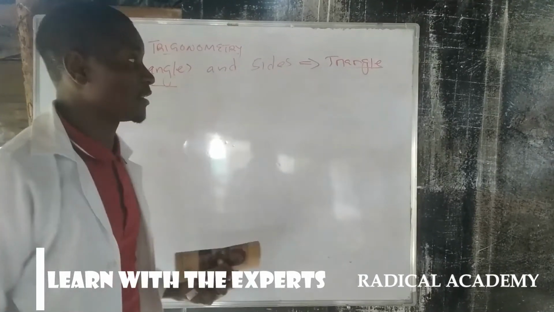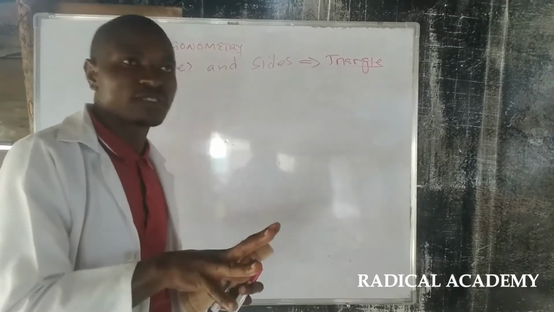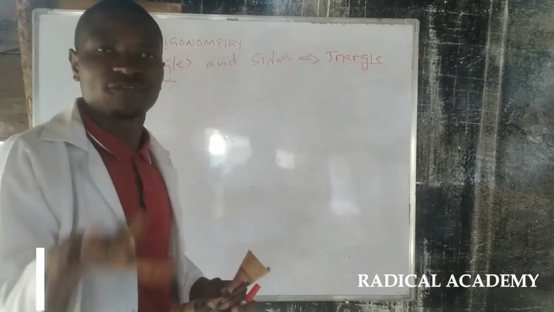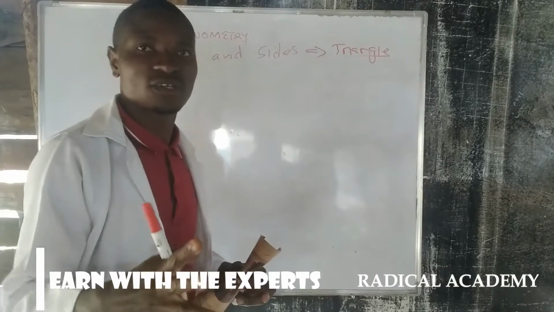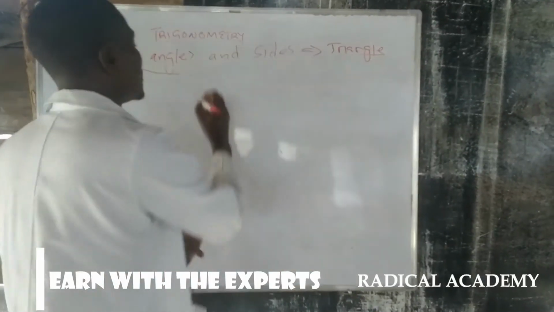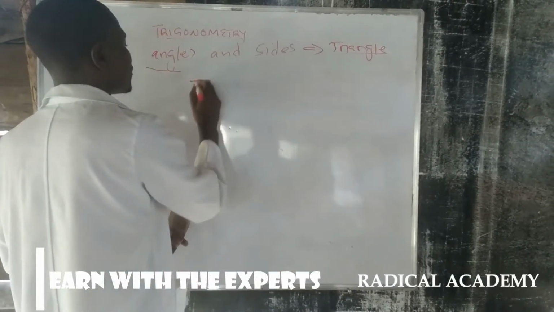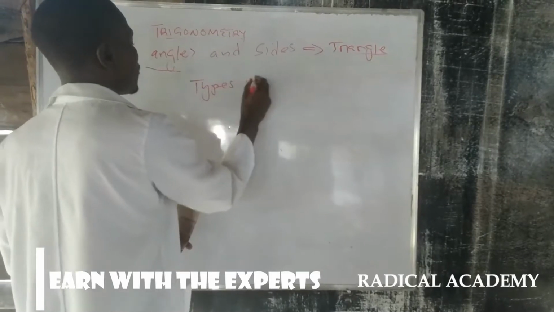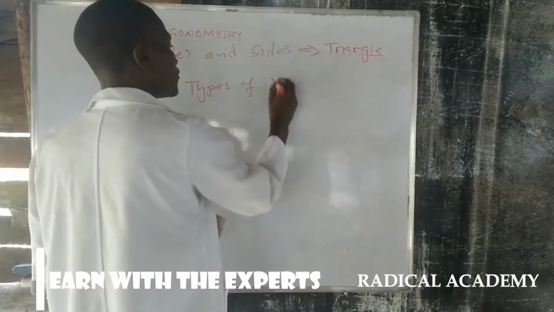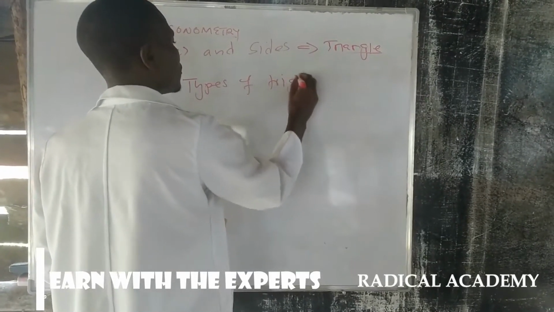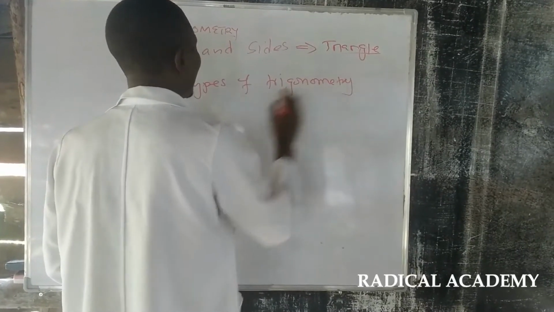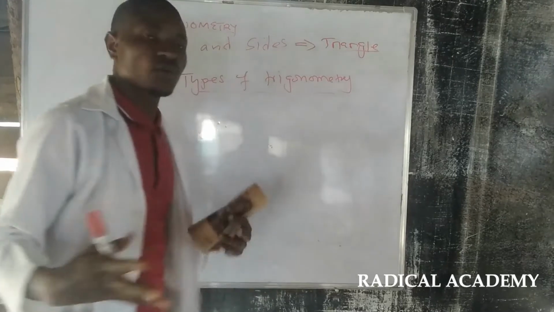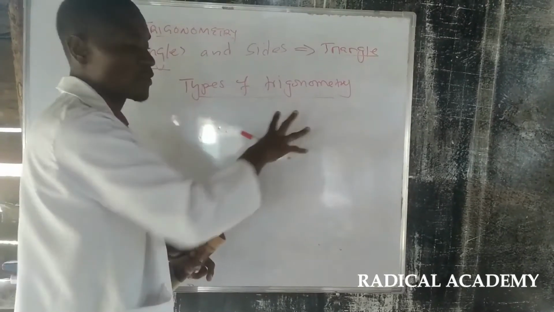Now with that said, trigonometry can be solved if we divide it into two categories.